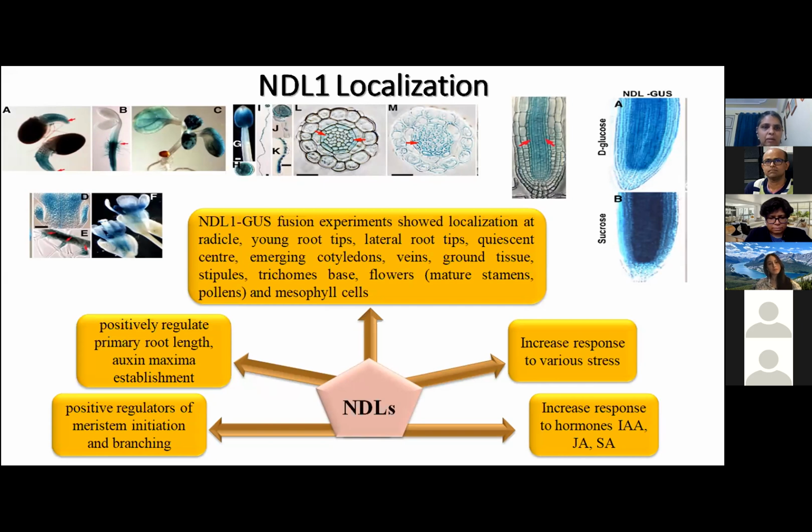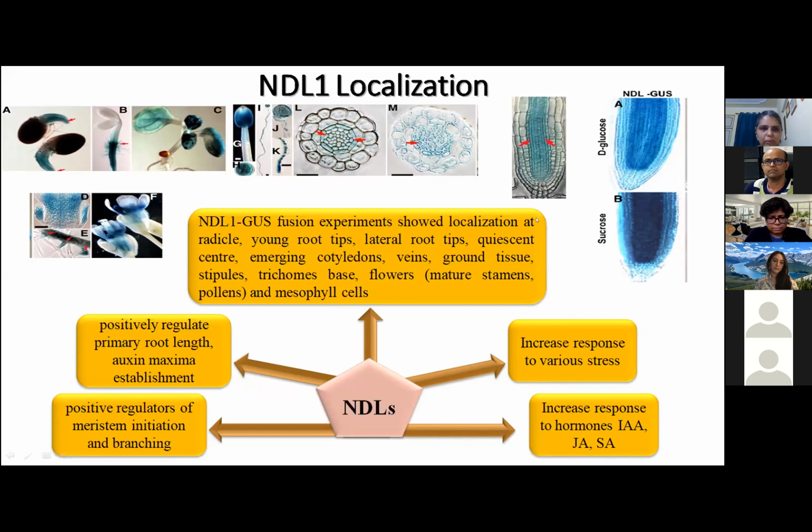If you can hook up any gene with any reporter, it could be a biochemical or chromogenic reporter, an enzyme that gives you color if you add substrate, or it could be a fluorescent protein. You can make fusion proteins using either GUS or GFP, and then you can study the detailed localization of the protein you are interested in.